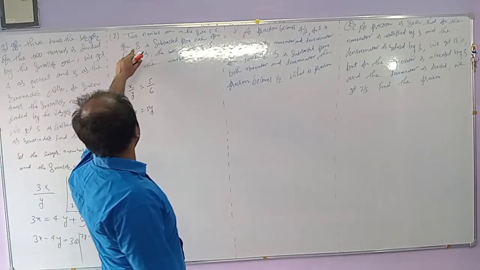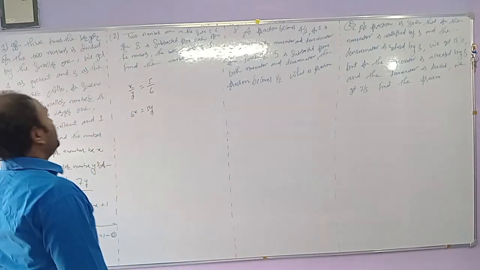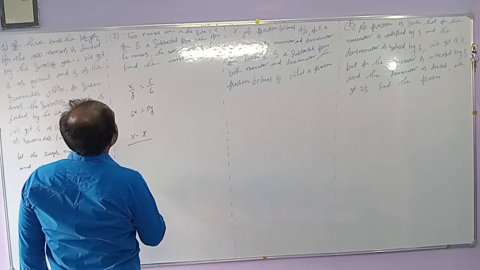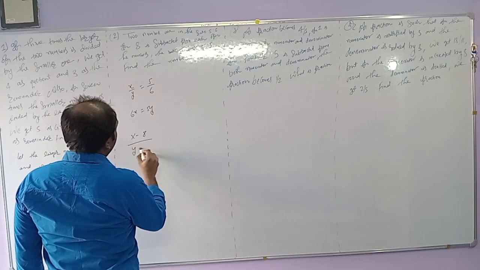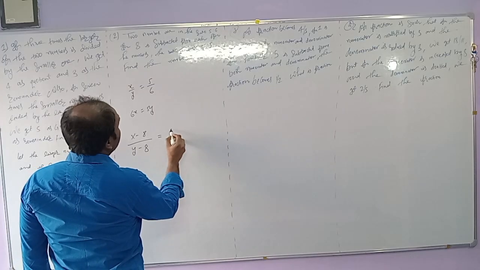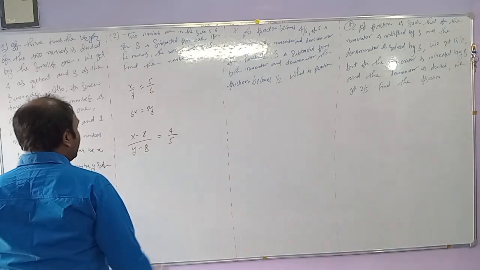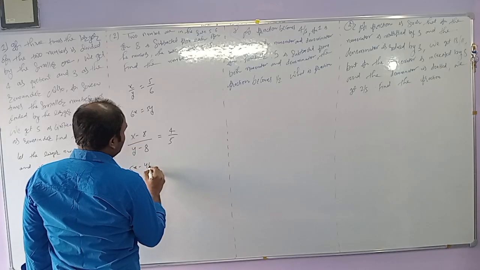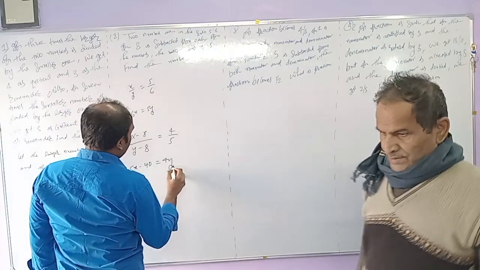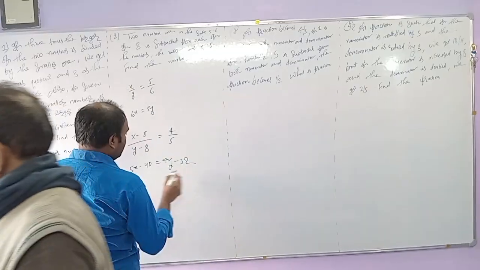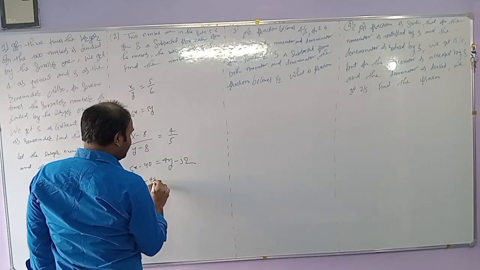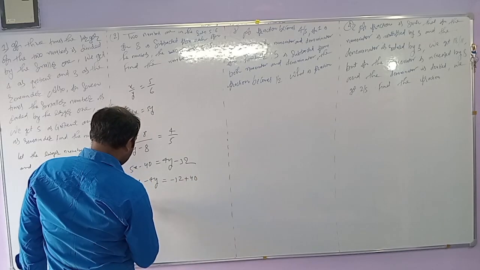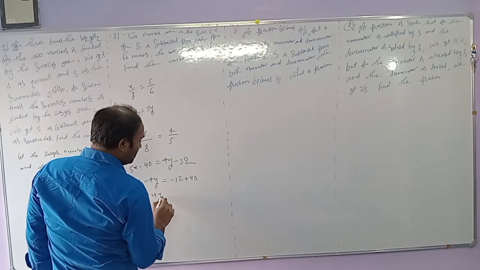In another condition, if 8 is subtracted from each number, x minus 8 upon y minus 8, we get 4 is to 5. And when we cross multiply, 5x minus 40 is equal to 4y minus 32. Then we get 5x minus 4y is equal to minus 32 plus 40. Then we get equation 8.